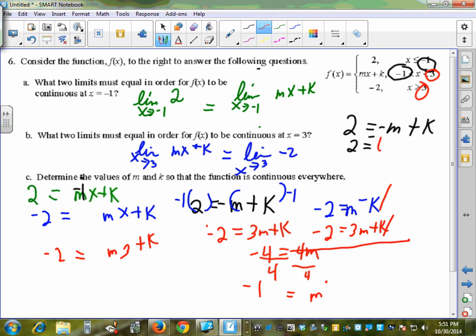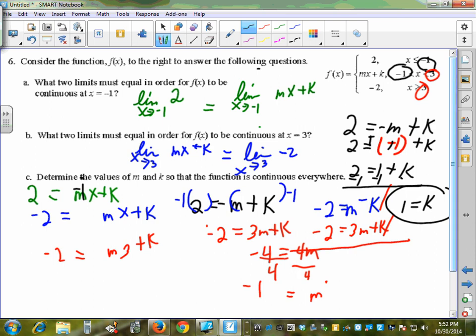So I'll plug in -1 there, plus k. Opposite of a negative is a positive, so that gives us 2 equals 1 plus k. We subtract 1, and that gives us 1 equal to k. So we get -1 equals m, positive 1 equals k.